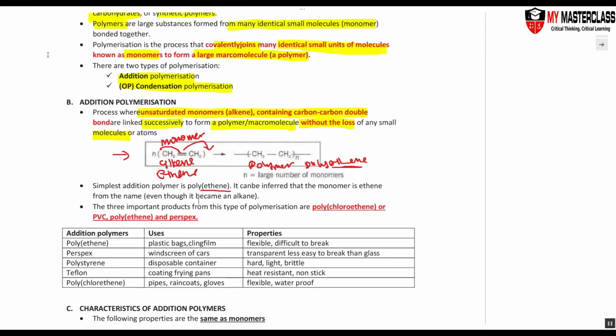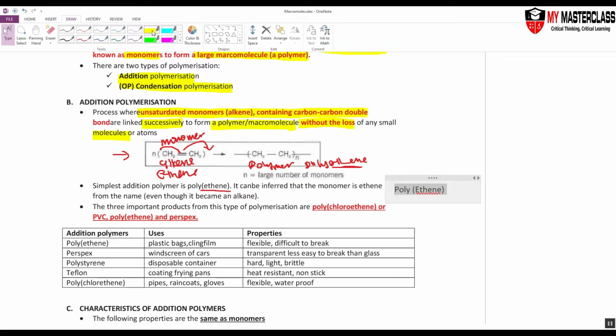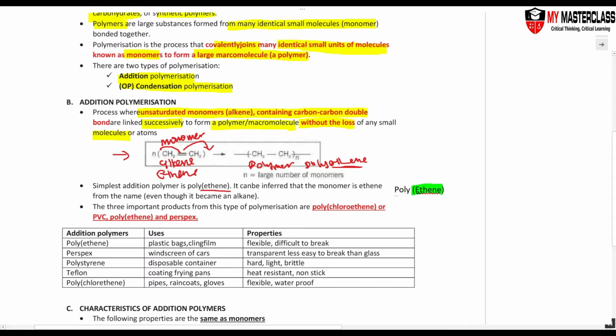Okay, let's type it down. So when you name the long molecule, we will put poly. This part is your monomer.